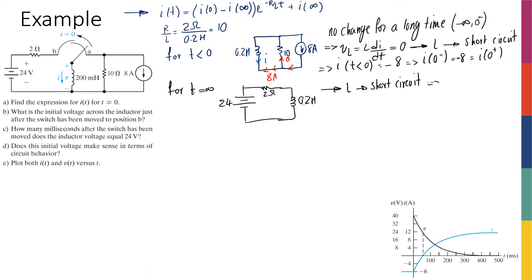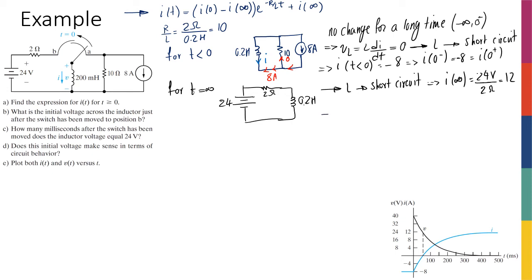So I at infinity is just going to be 24 volts divided by 2 ohms, so 12 amperes. So very simple. By just looking at two very simple circuits, I could find the entire expression for myself.